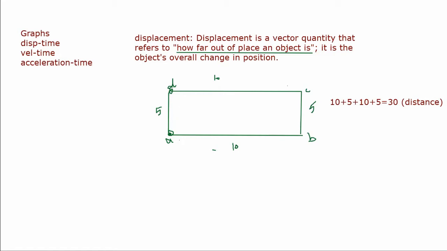This point is 5 kilometers far out from this point. But when he started from A and got back to position A, effectively the person did not cover any displacement. So the distance is 30, but the displacement in this case is 0.